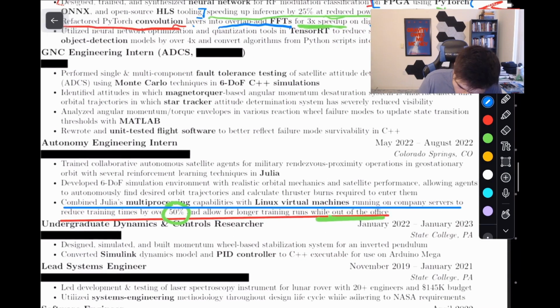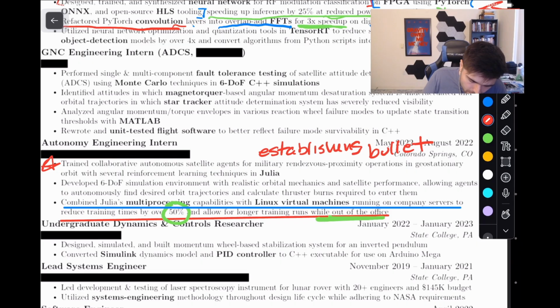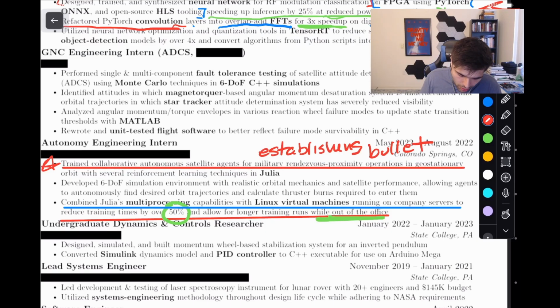There's other bullets that I like to call an establishing bullet. Usually they're first, or at least there's one per project, where this bullet is really just about establishing what was done, like what this internship project was all about. And if you notice, there isn't really that strong an XYZ method here. This is the thesis of the project, what we were interested in.